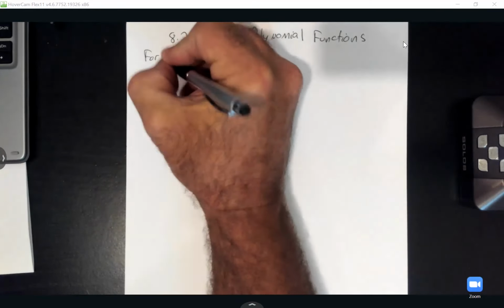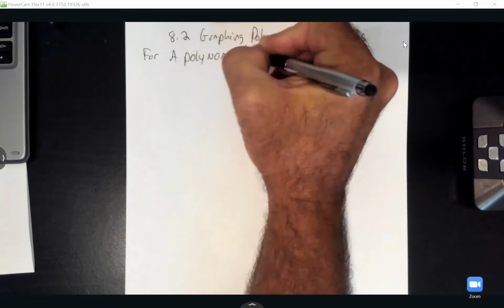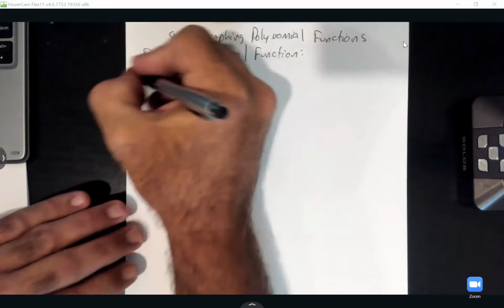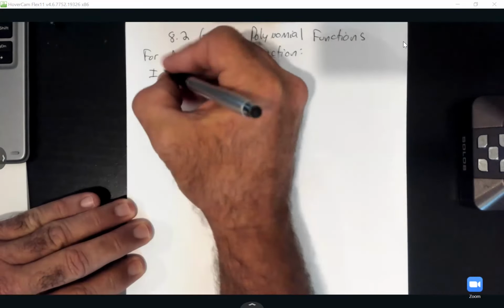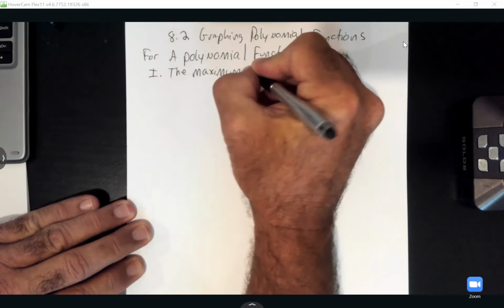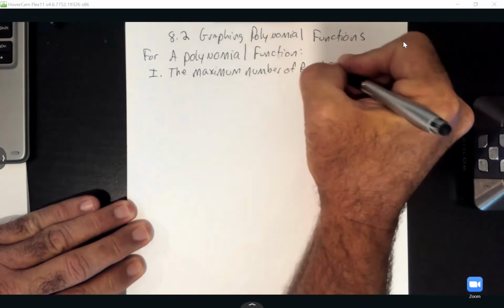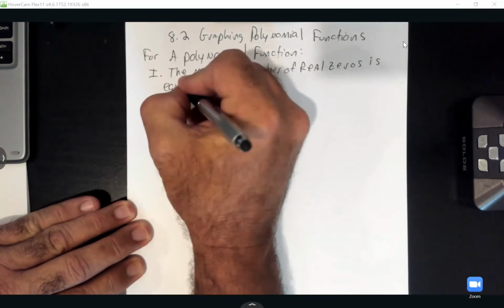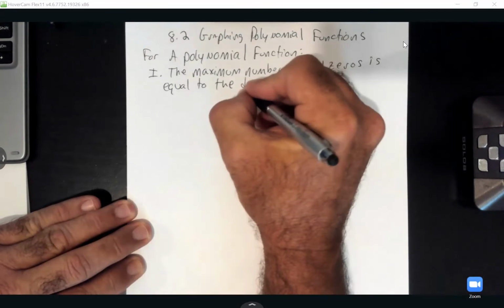So for a polynomial function, we're going to look at three things. The first thing is the maximum number of real zeros, which is equal to the degree of the polynomial.